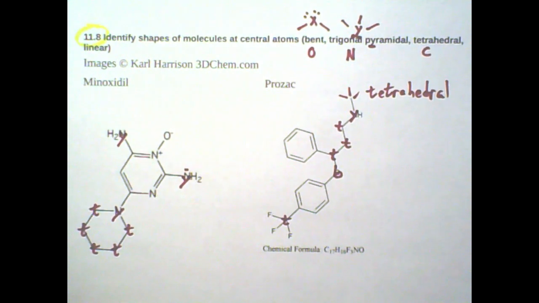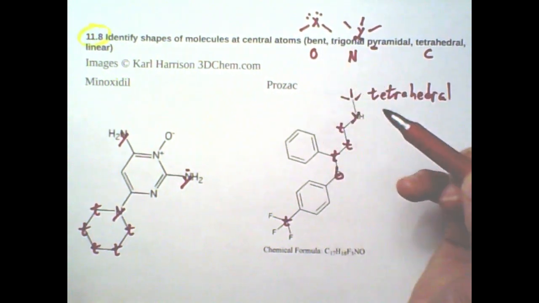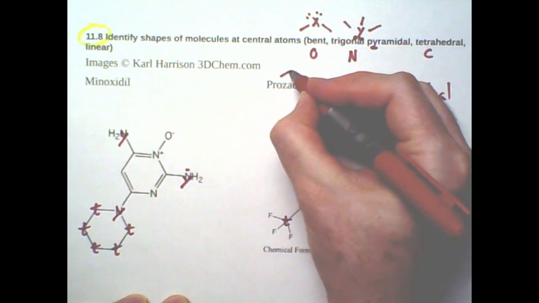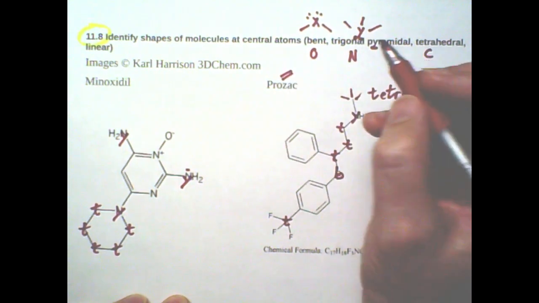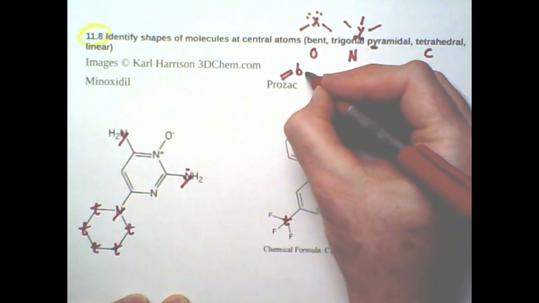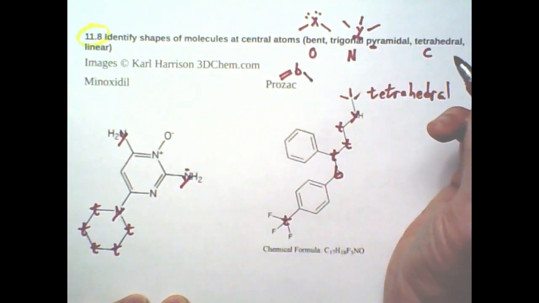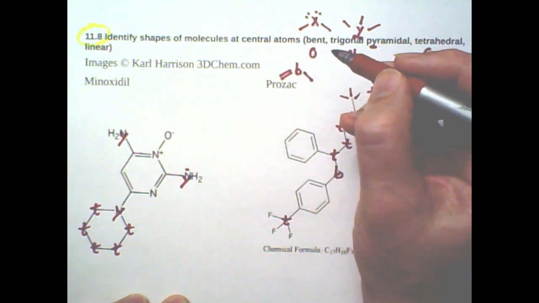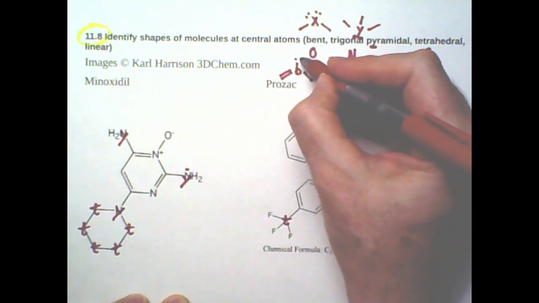There is another way to get a bent molecule, and that is if we have a double bond into that central atom, and a single bond and a lone pair.